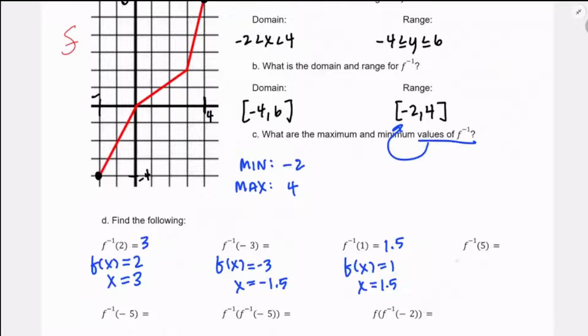All right, so f inverse of 5. We're going to solve the equation f of x equals 5, at 4 and 5 right there. Then we need to find the x coordinate that corresponds to that point.